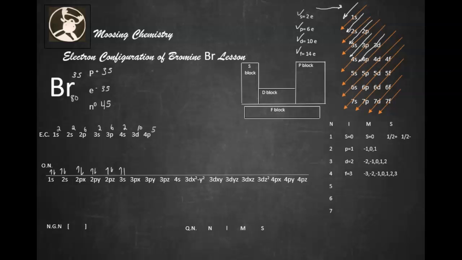3s up and down. Okay, 3px, 3py, 3pz, and we go down. See how easy that is? 4s up and then down. 3dx squared minus y squared, 3dxy, 3dyz, 3dxz, 3dz squared.